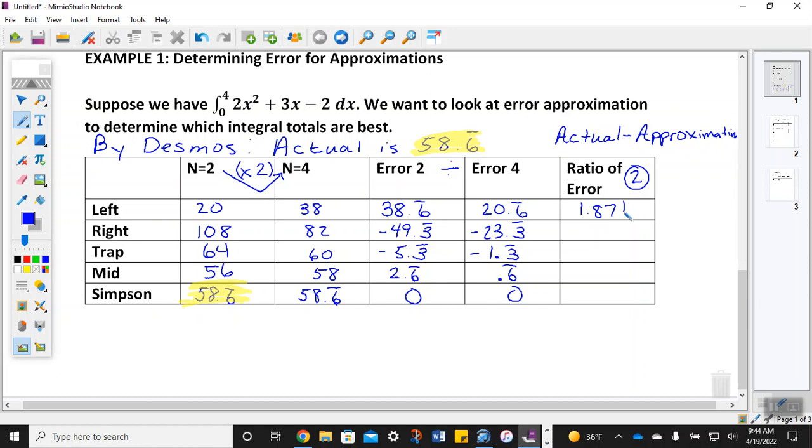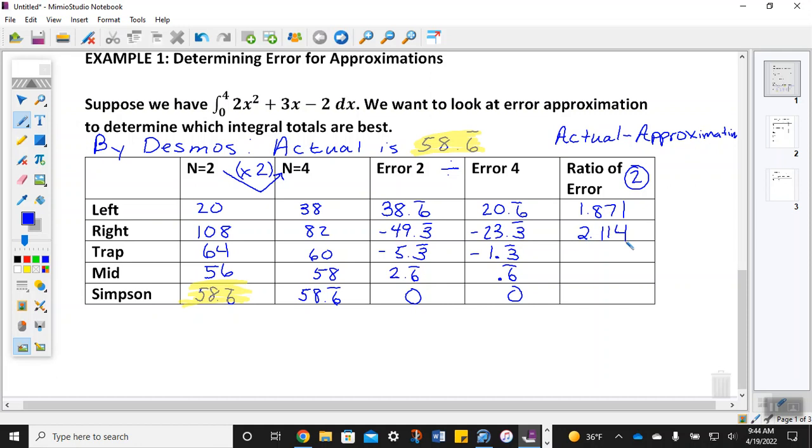Okay, do that for the right-hand values that were errors. So negative 49.3 repeating, and divide that by negative 23.3 repeating. Yeah, 2.114.